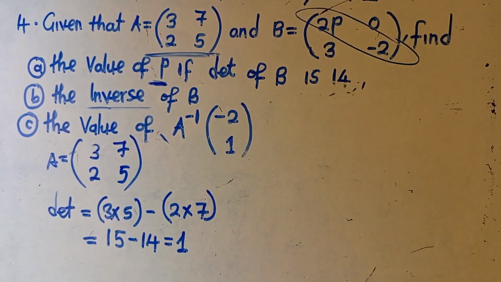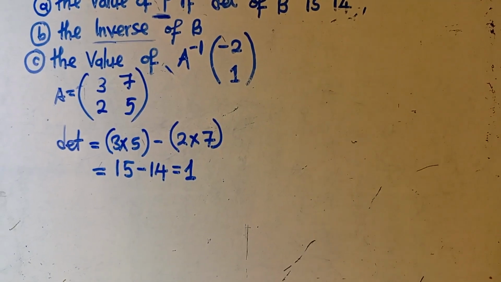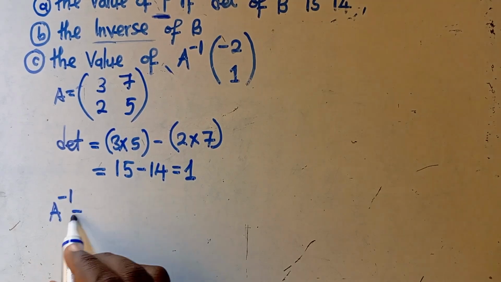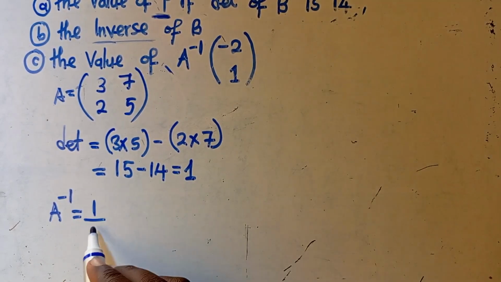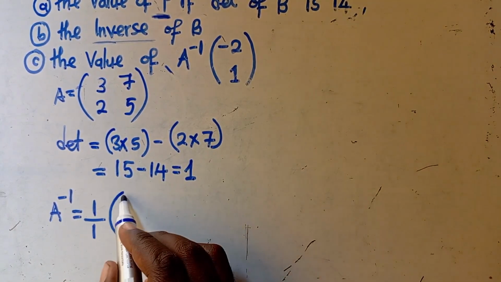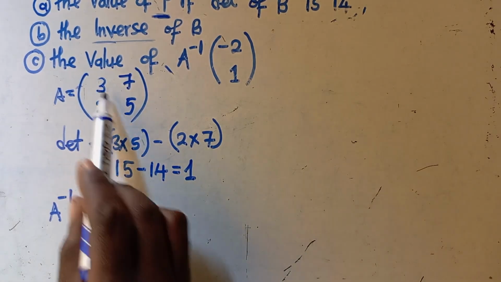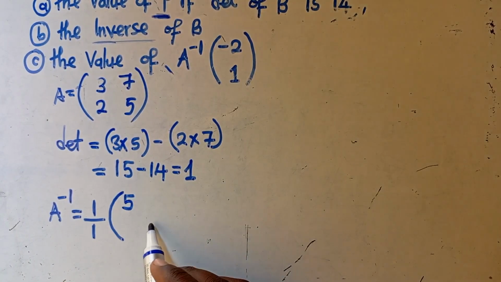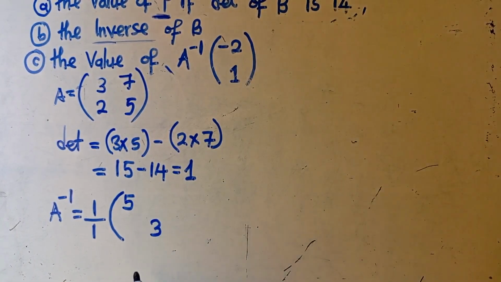So how then do we find the inverse? The way we get to find the inverse, I will just say A inverse is equal to 1 over the determinant, which is also 1. I've told you what happens to the major diagonal signs. Now positions will swap. 5 on top, 3 down.